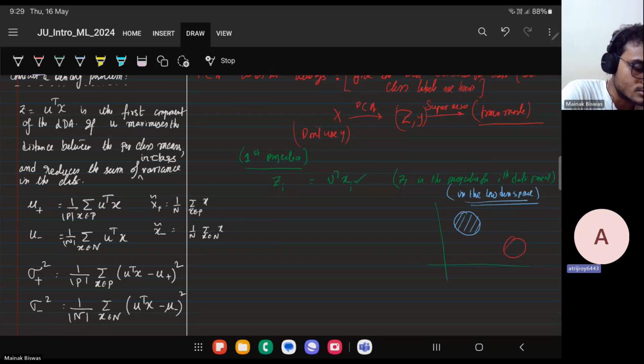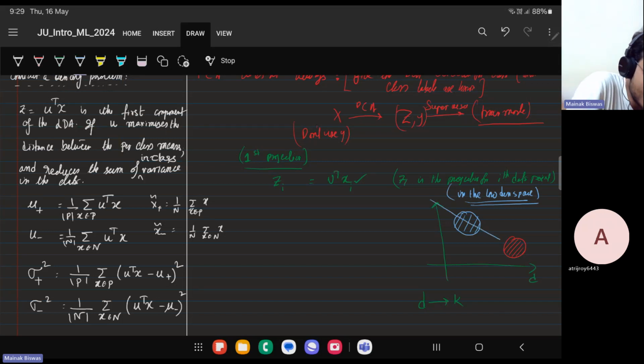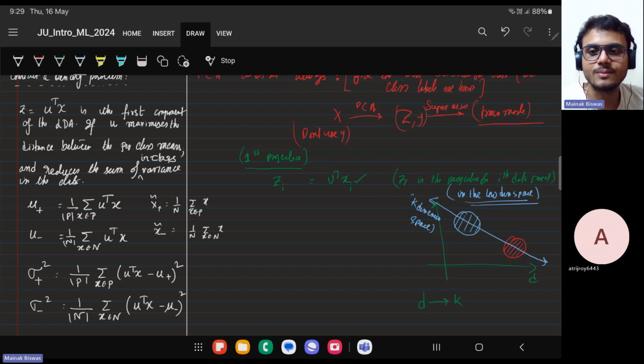From D dimension, I want to reduce to K dimension, right? Originally, this is the D dimensional space. Say I will project it onto this space. This is the K dimensional space. Just like PCA, I'm drawing it. This is my PCA component.